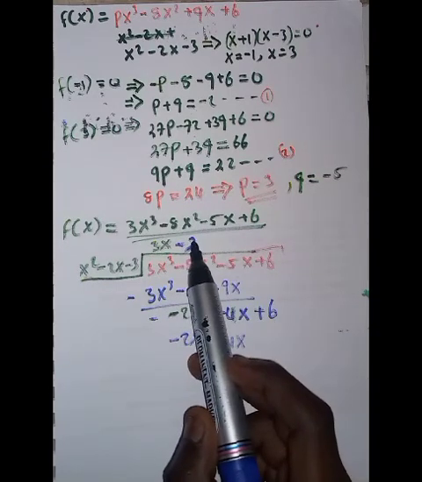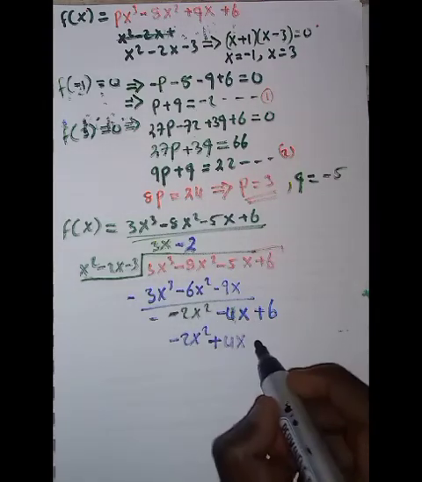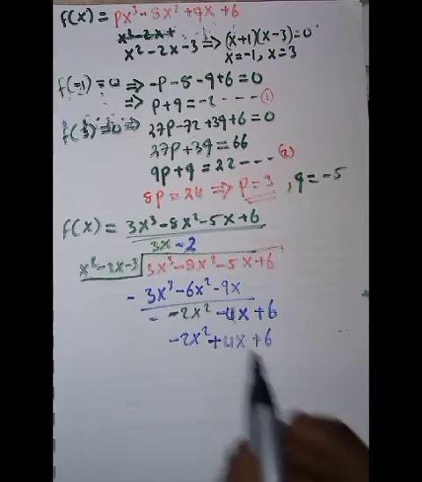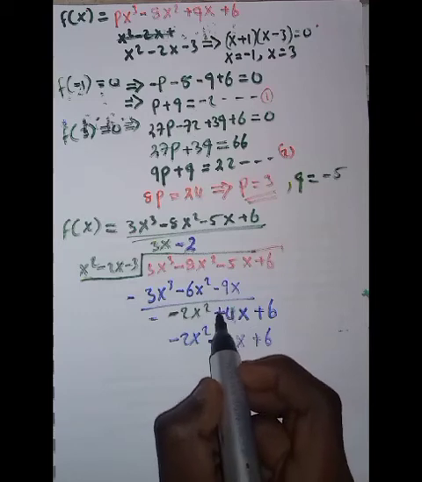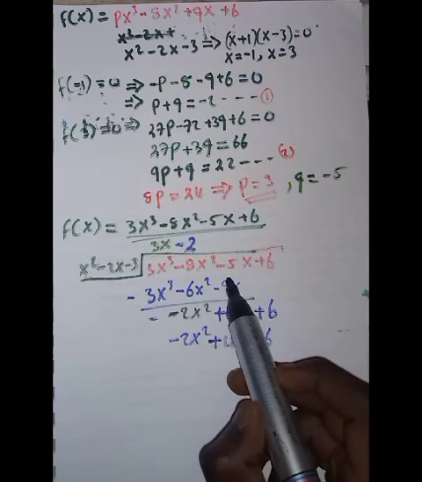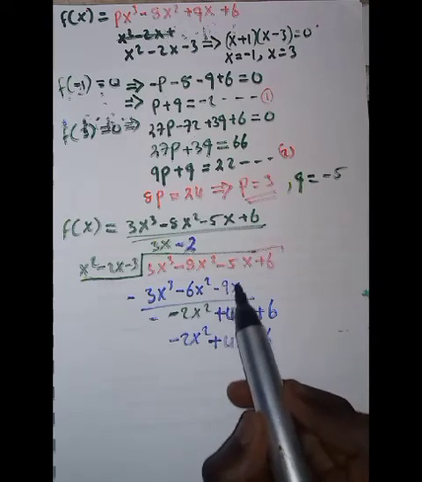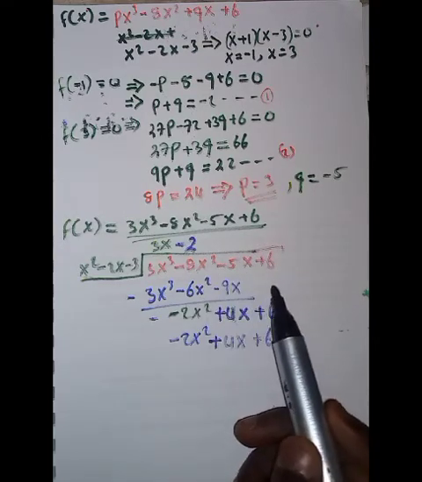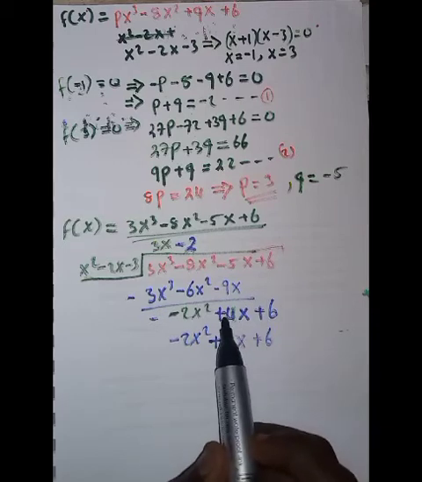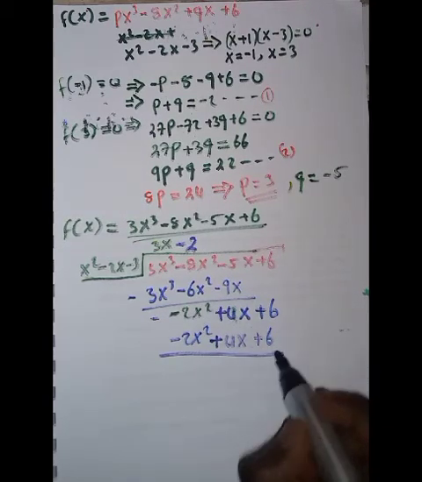Then we're going to have -2 times -3, which gives us +6. Please, here it's +4, not negative, because this is -5x minus -9x, which gives us +4x. Good. So if we do that, this is going to give us 0.